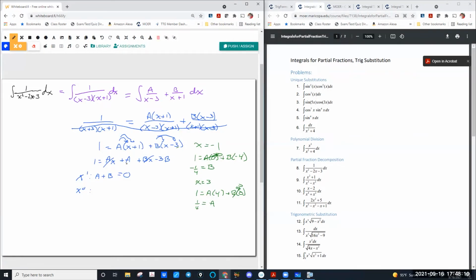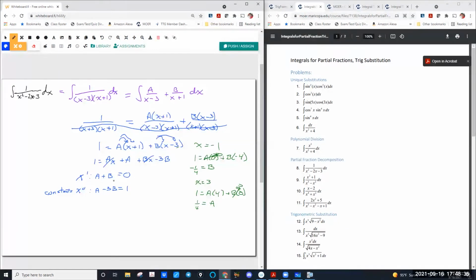Then we do the constants. I have A minus 3B. These are the constants. Let's put that in there just for note's sake, constants. And there is a constant on this side, and it's 1, so that has to equal 1.